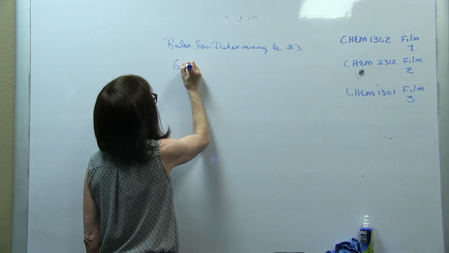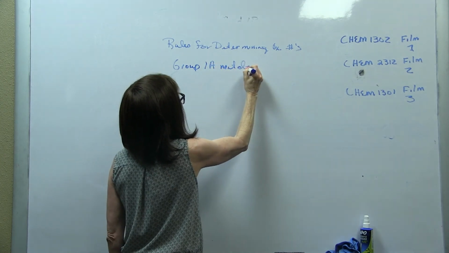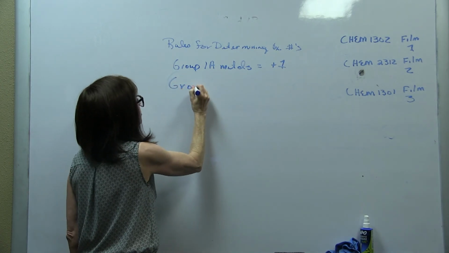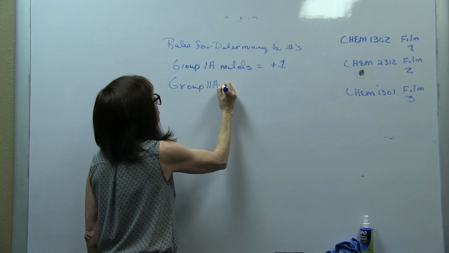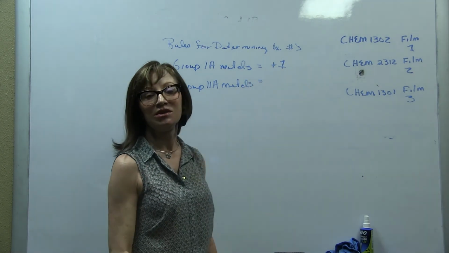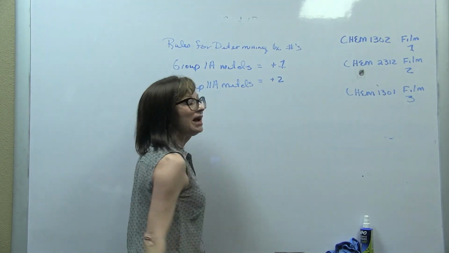So group 1A metals, +1. Group 2A metals, when they are in compounds such as salts, metal plus a nonmetal, always +2. Always. You can rely on those.